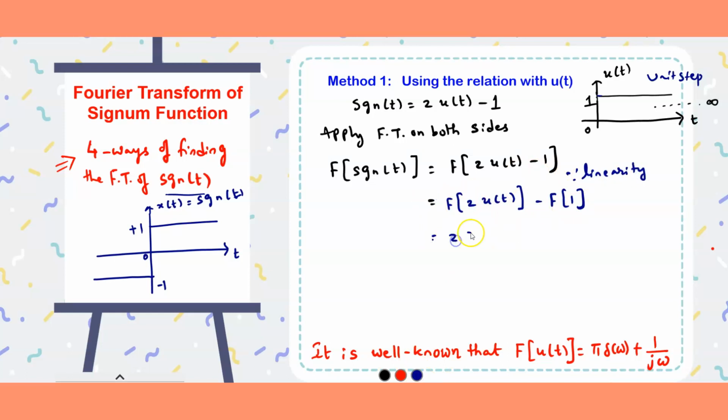And this 2 also you can write outside, 2 into F of u of t minus F of 1. So here at the bottom there is some hint for us that u of t's Fourier transform is something like this: pi into del of omega plus 1 by j omega, and minus F of 1.